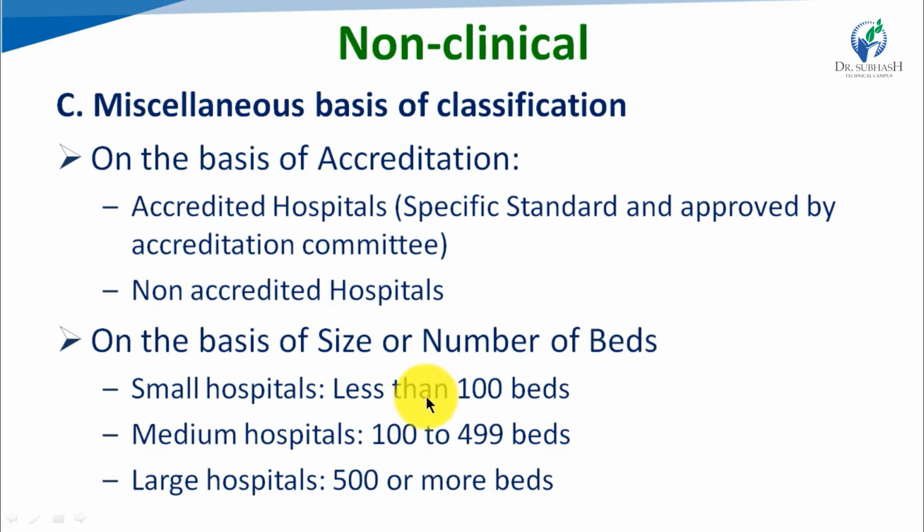For example, a small hospital has fewer than 100 beds, a medium hospital 100 to 499 beds, and a larger hospital 500 or more beds. Some hospitals, Sterling, Wockhardt, Zydus, have such facilities. So these are the classifications on the miscellaneous basis.